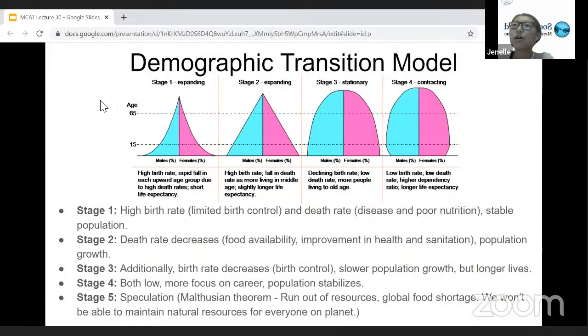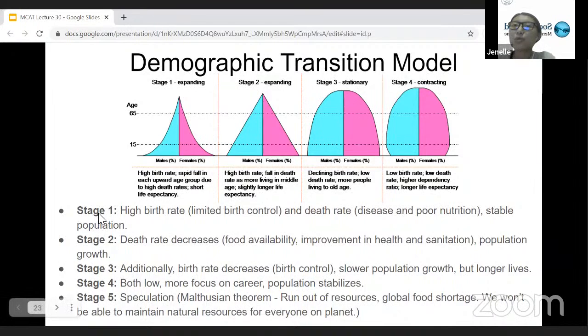And also another thing that's important to know is the demographic transition model. So this goes in different stages to characterize different countries and what stage of this demographic transition they are in currently.